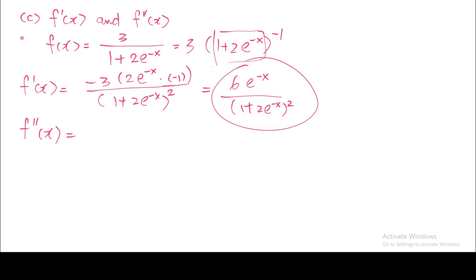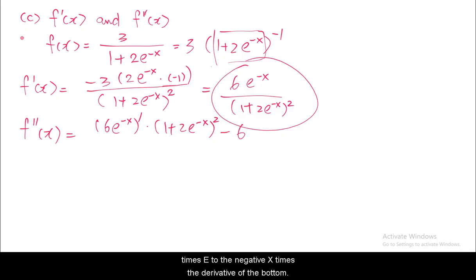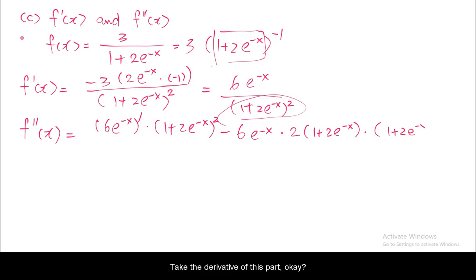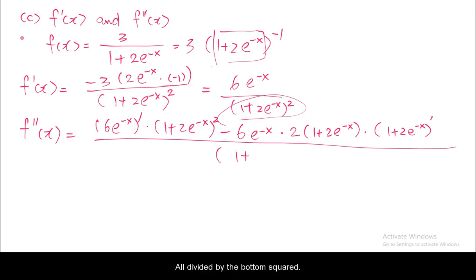Quotient rule: the derivative of 6 times e to the negative x, times the denominator, minus 6 times e to the negative x times the derivative of the bottom, so times 2 times 1 plus 2 e to the negative x, and then I'll take the derivative of this part in the next step, all divided by the bottom squared, so this to the 4th power.